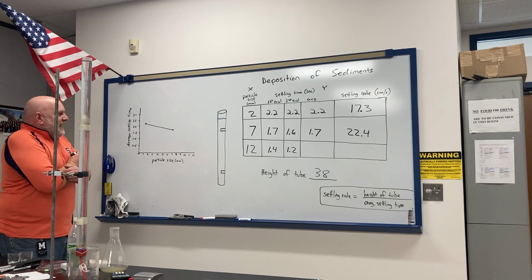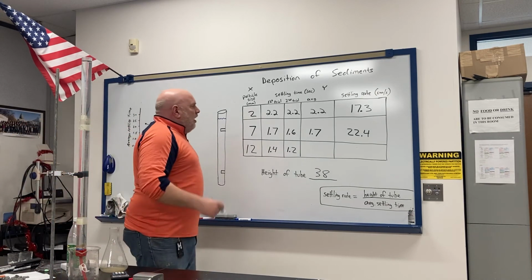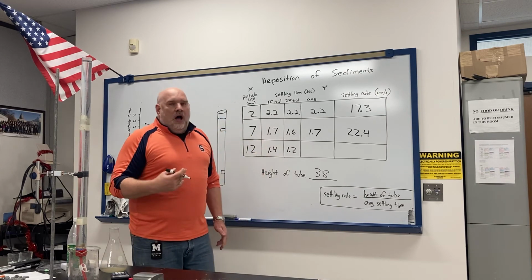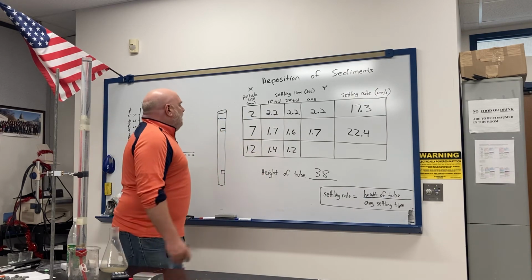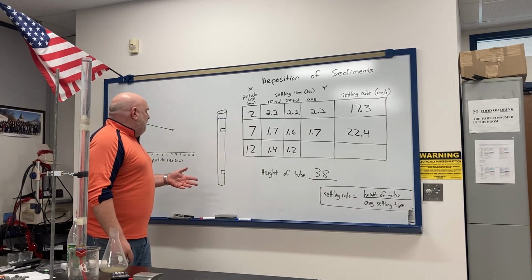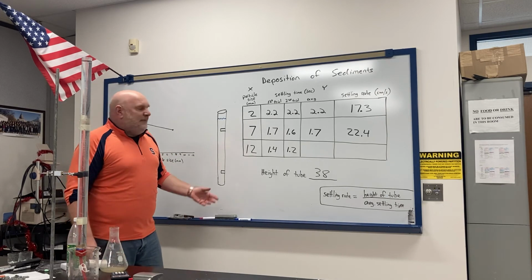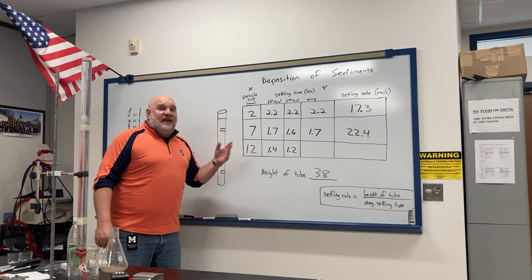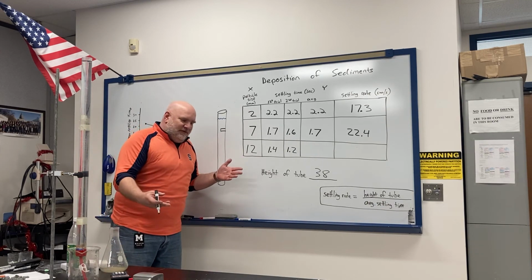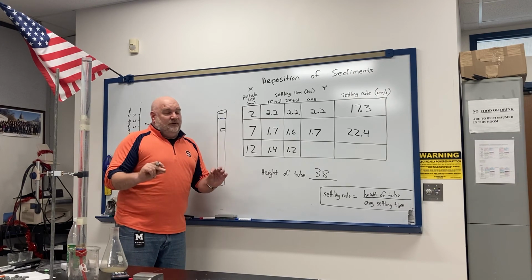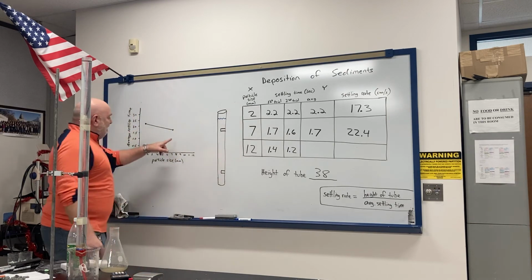Now, once you have that line on the graph, you can predict how long it would take other sized particles to settle. For example, if I wanted to figure out how long it would take a particle that was 6 millimeters to settle, I could use this graph to do so.